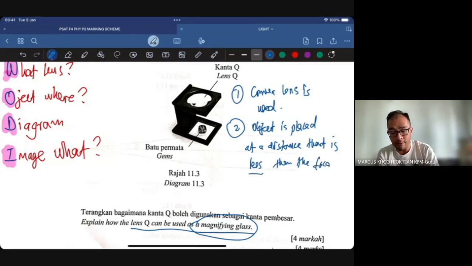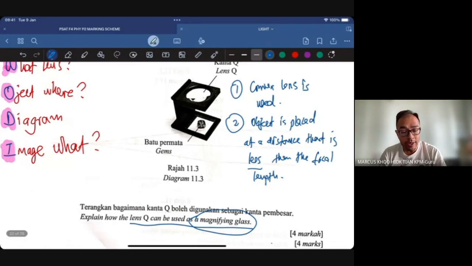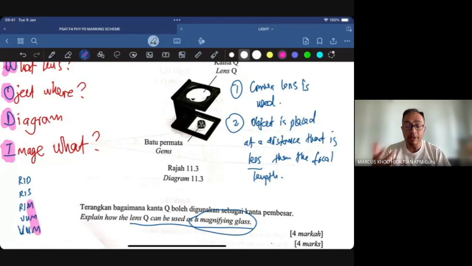This must be memorised. For a convex lens, you have to remember the ray rules, the RIM and the VOOM. You want it to be magnified because it's a magnifying glass, so it's either RIM or VOOM, but because you want the image to be virtual, you definitely need the VOOM part. So less than the focal length.